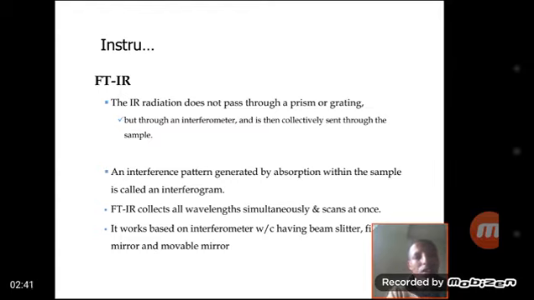An interference pattern generated by observation within the sample is called an interferogram. This is intensity versus time of a spectrum. FTIR, or Fourier transform IR spectrometer, collects all wavelengths simultaneously and scans at once. It works based on an interferometer, which has a beam splitter, a fixed mirror and a movable mirror.